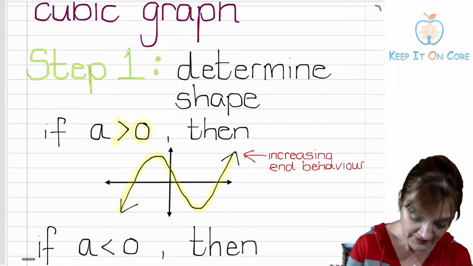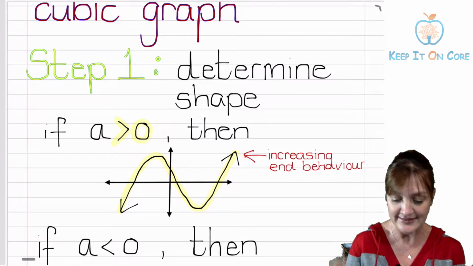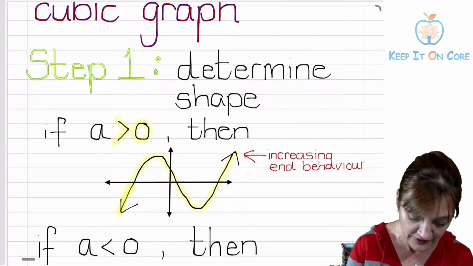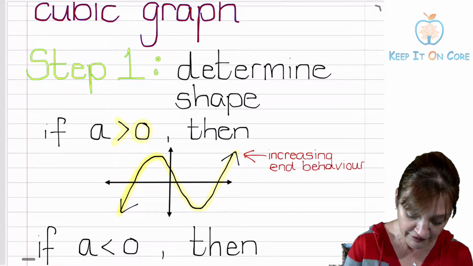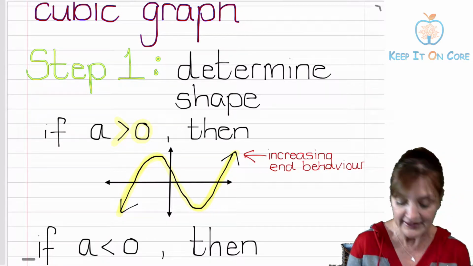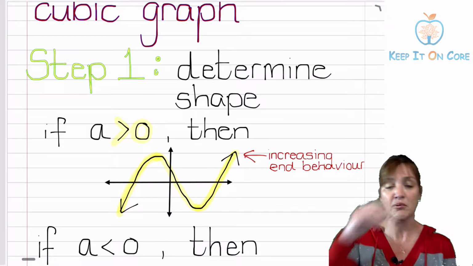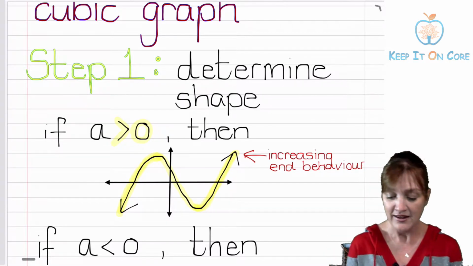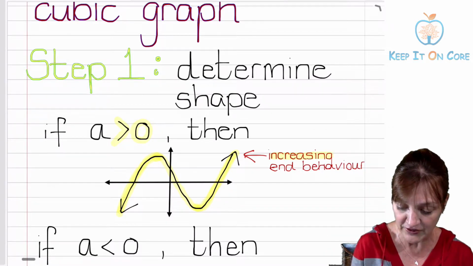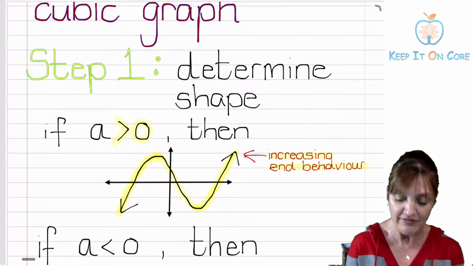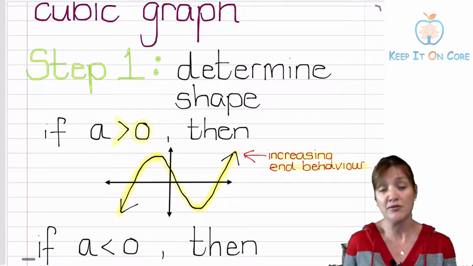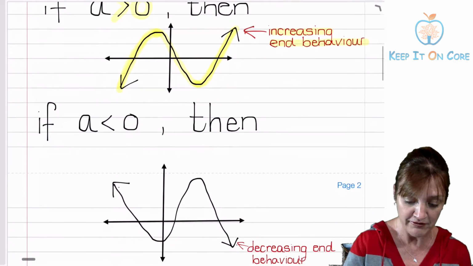The way you're going to identify it is that it starts by increasing and then it finishes off by increasing as well. Between the two turning points is where the function is decreasing. So your increasing end behavior is what you're looking for in a positive cubic graph.